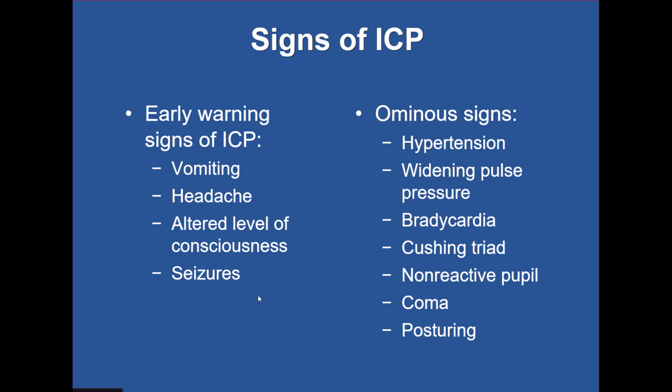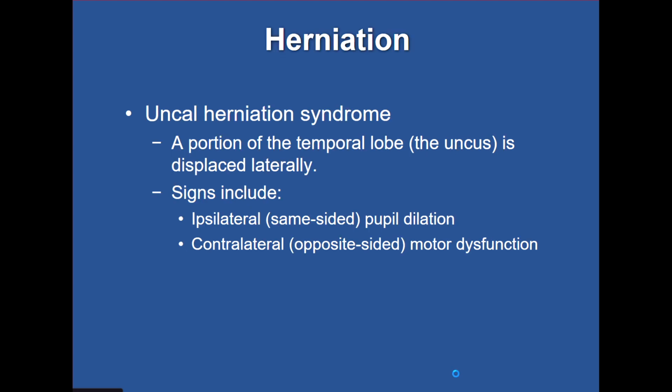But you'll actually see, if the brain is here and you have swelling on this side of the brain, it'll start to push and herniate everything over to the other side. It's a pretty bad sign when you have any type of herniation. So this is that herniation that way. You can also have herniation of the brainstem through the foramen magnum.